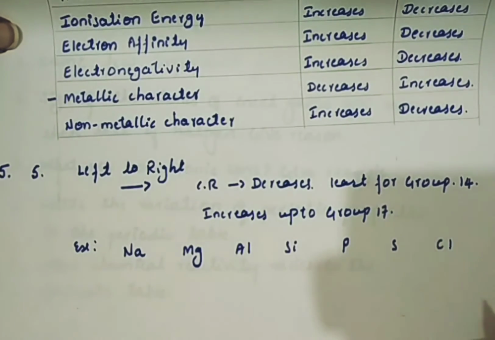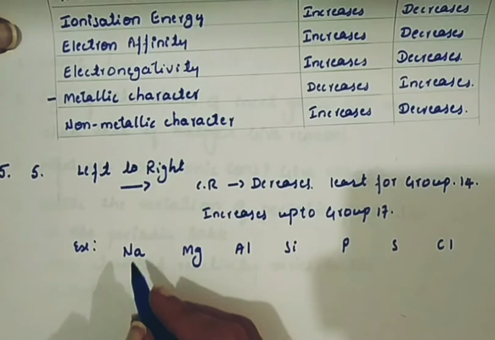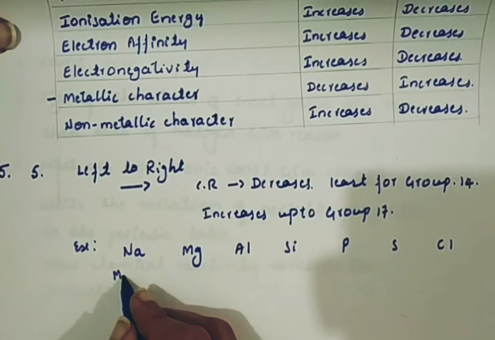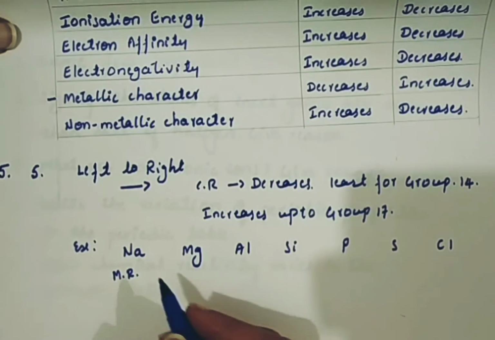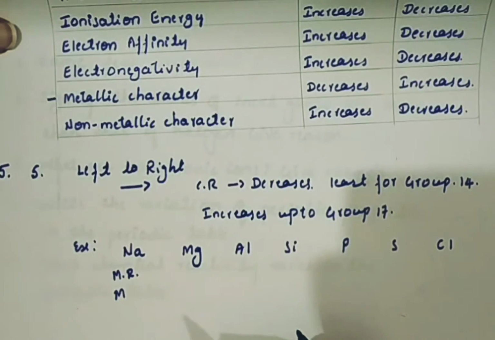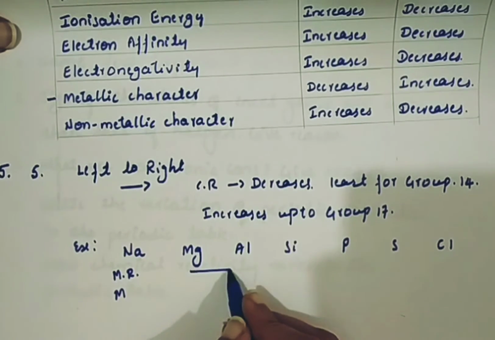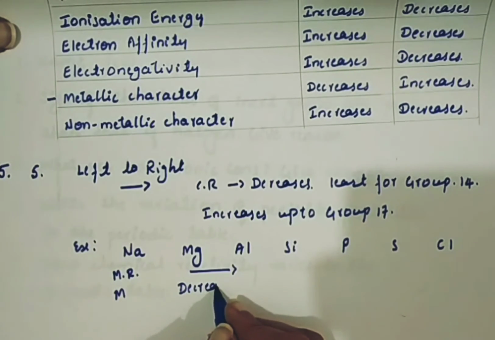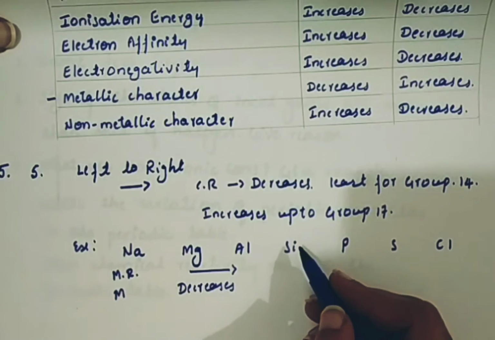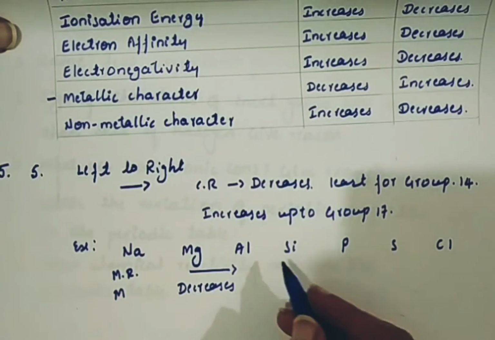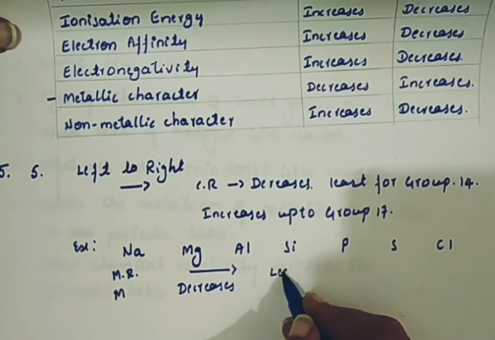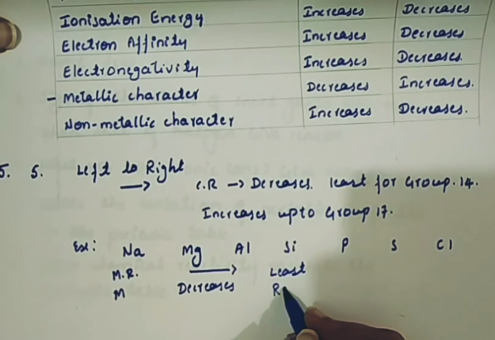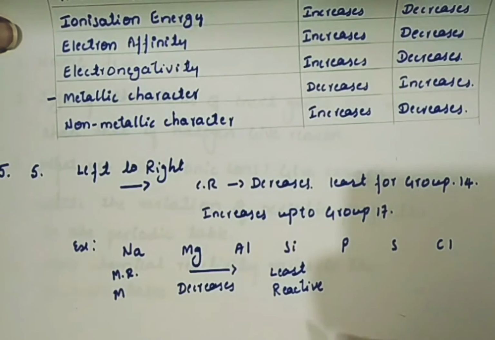Consider the first element, sodium. It is the most reactive metal in the third period. Again, if we move from magnesium to aluminium, reactivity decreases. Same trend: chemical reactivity decreases, least for group 14, and increases up to group 17. Here silicon belongs to group 14, so it is least reactive. Next, consider chlorine.